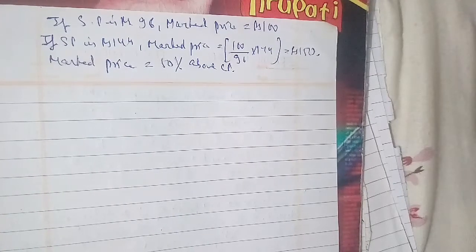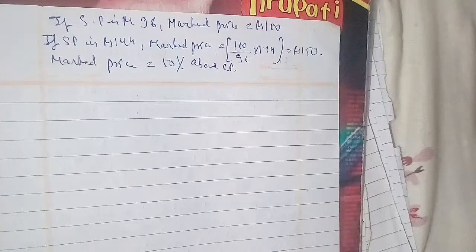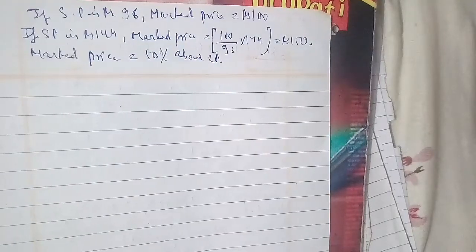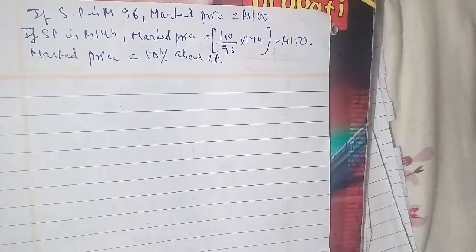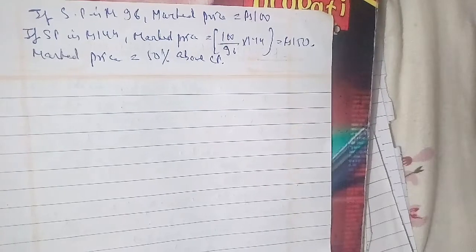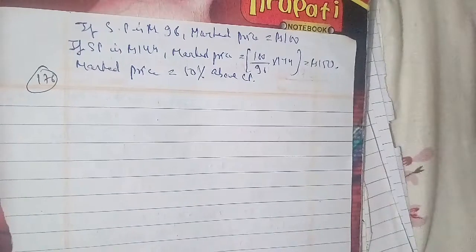At the time of selling, he allows a certain discount and suffers a loss of 1%, and he allowed a discount of, that is being asked in the SSC examination paper. The options we have are 9%, 10%, 10.5%, and 11%. So we go ahead for the same.